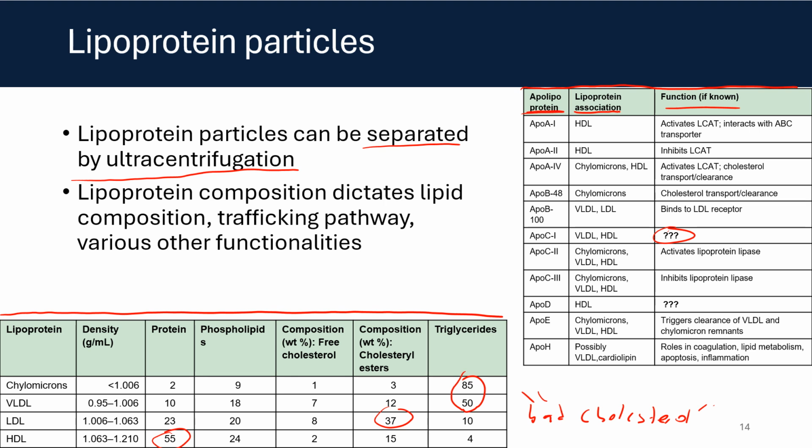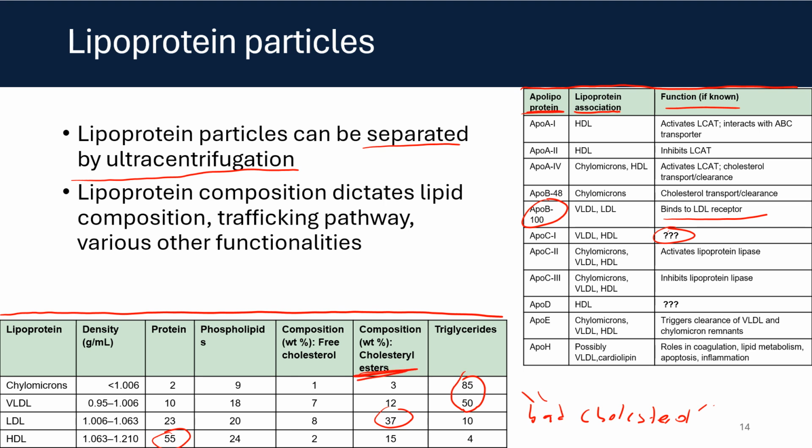For example, ApoB100 is an apolipoprotein whose job is to bind that particle to specific LDL receptors or tissues that are programmed to receive cholesterol esters, for example.